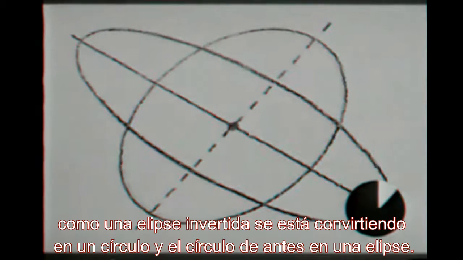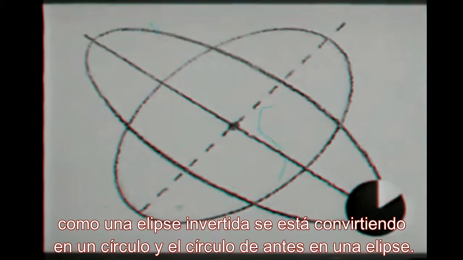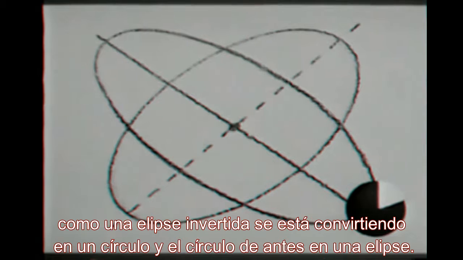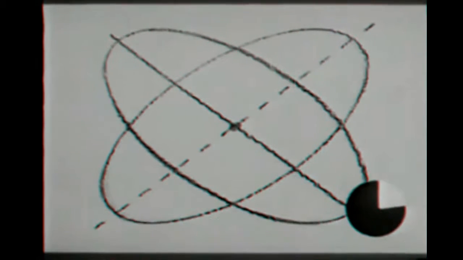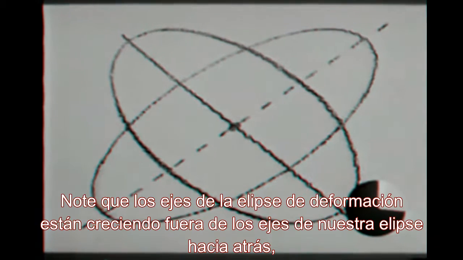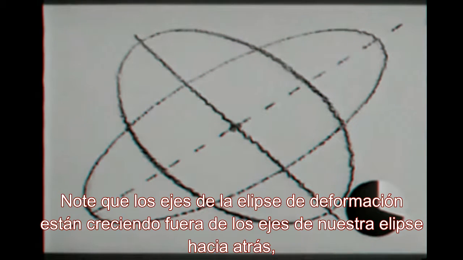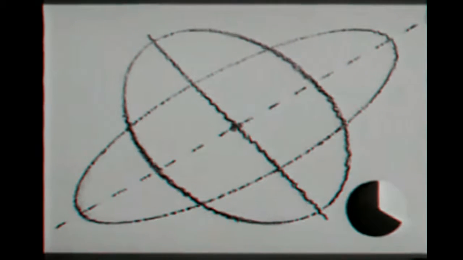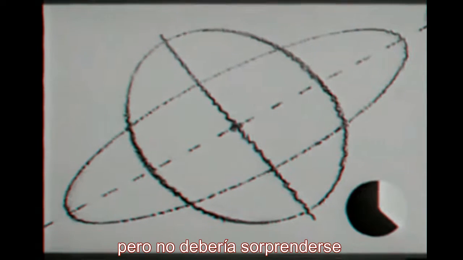Now the backward ellipse is turning into a circle, and the circle, as before, into an ellipse. Notice that the axes of the strain ellipse are growing out of the axes of our backward ellipse. But you shouldn't have been surprised.